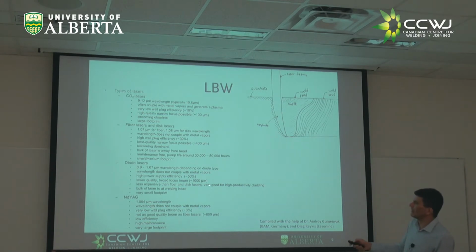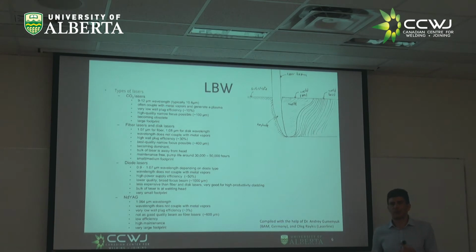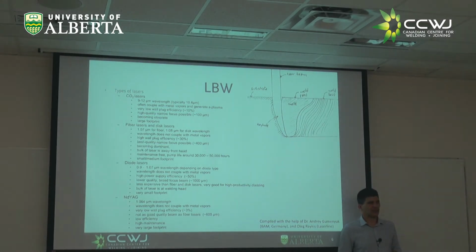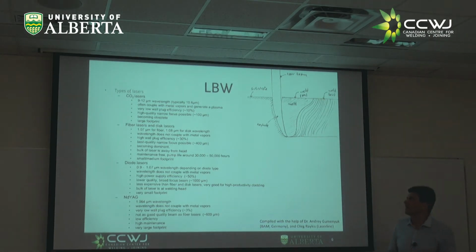So diode lasers have a focus of the order of 1 millimeter. That's not very tight. With these lasers, you typically cannot do keyhole welding. Fiber lasers have a spot less than half of that, and with those, yes, you can do keyhole welding. So depending on the application you want, you might not have a choice.